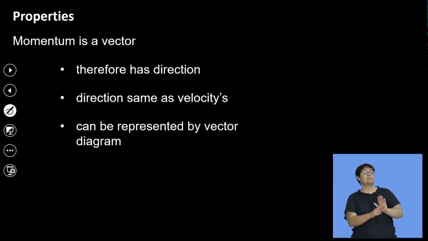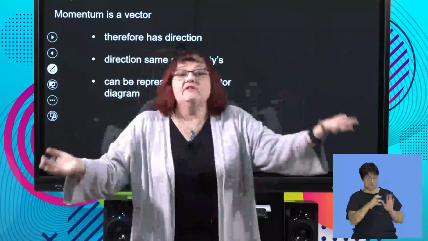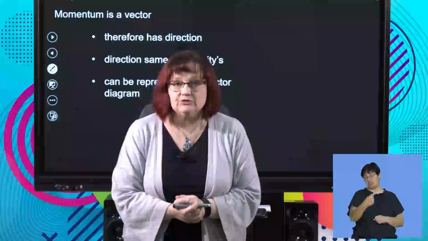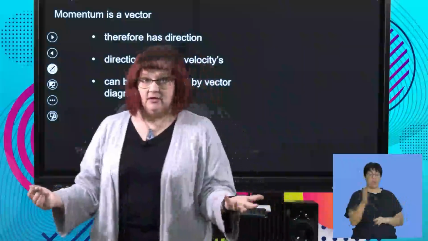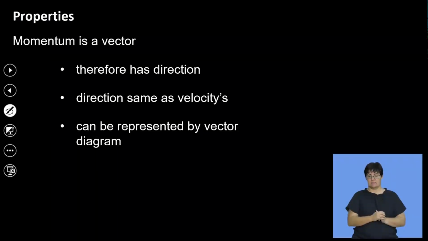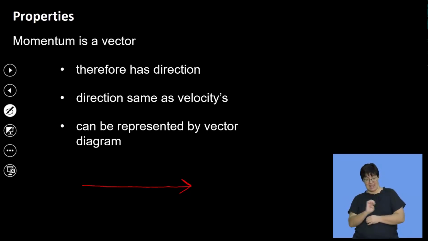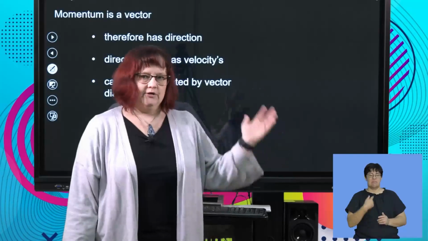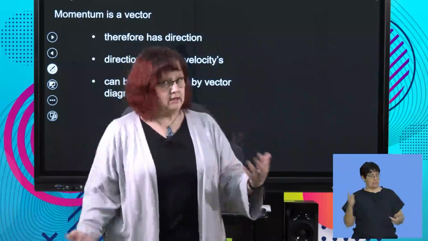And we can represent it by a vector diagram. So if I told you that we had a vector of 6 meters per second going east, and I wanted you to draw it as a diagram for me, what you would do is draw a line with an arrow, okay, and I put on it 6 meters per second. Now, I said to you in the last segment that we can't just assume to the right is east, and we can't.